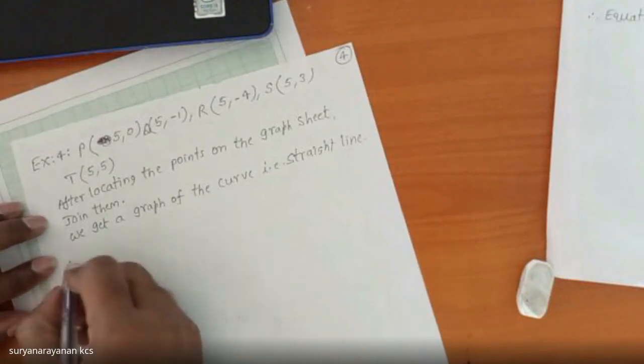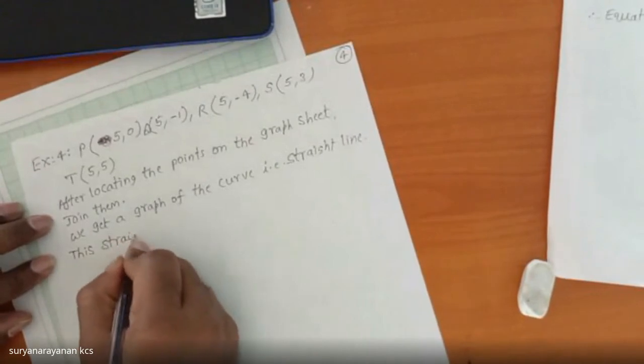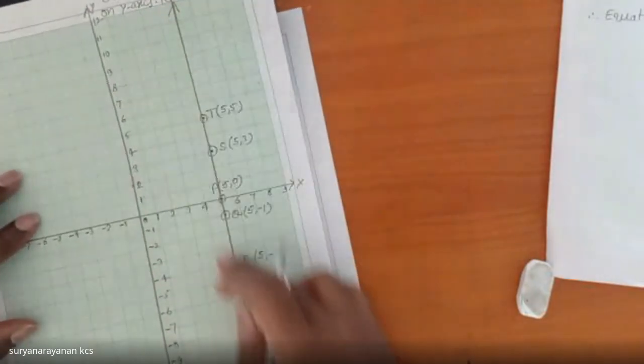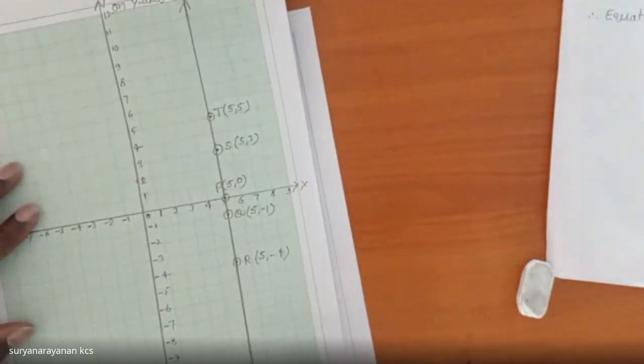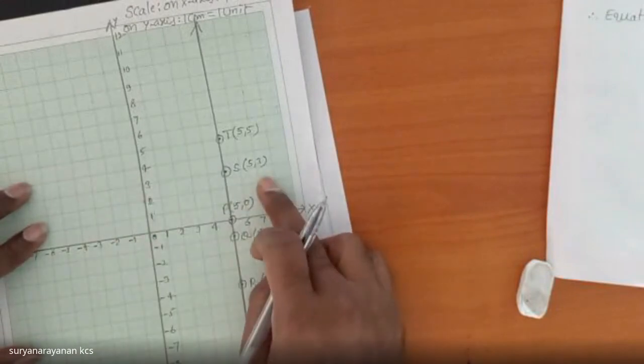Observe this graph. Is this straight line parallel to the y-axis or not?